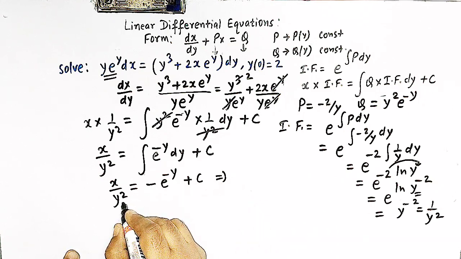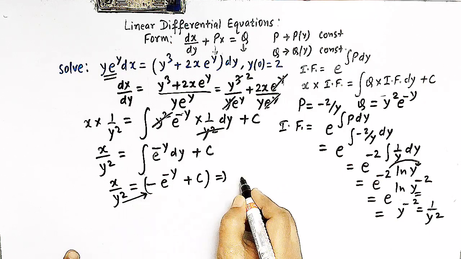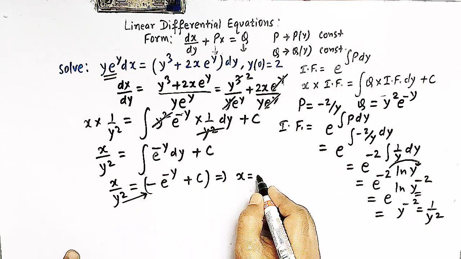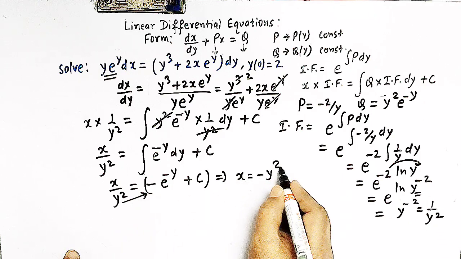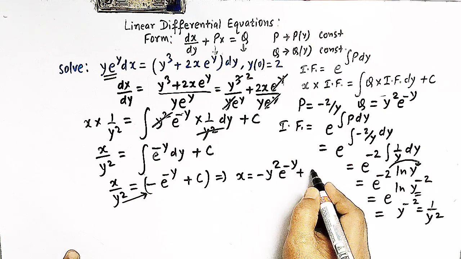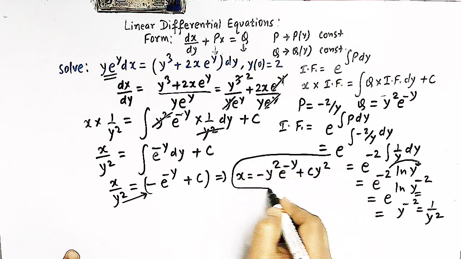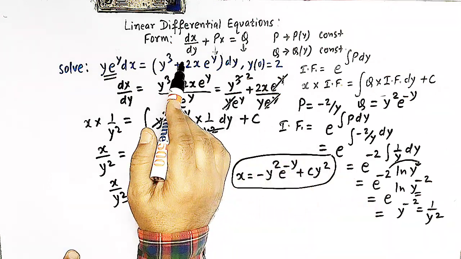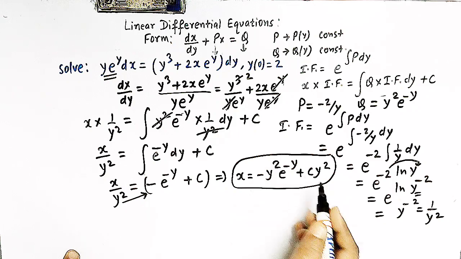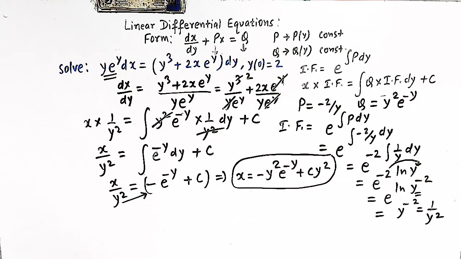So now multiplying this quantity by y square, so we have x is equal to minus y square e raised to minus y, and plus c times y square. So this is the general solution of this differential equation containing this arbitrary constant c.